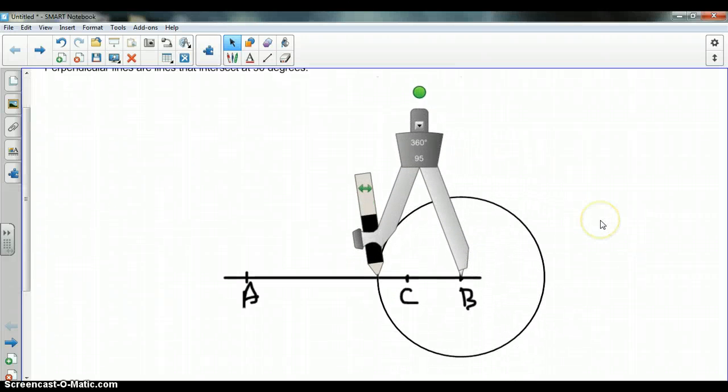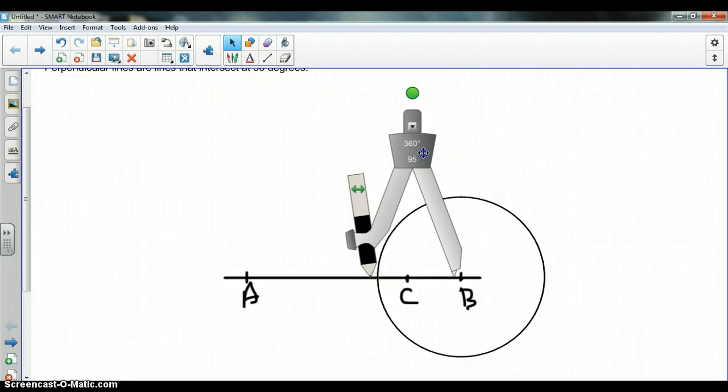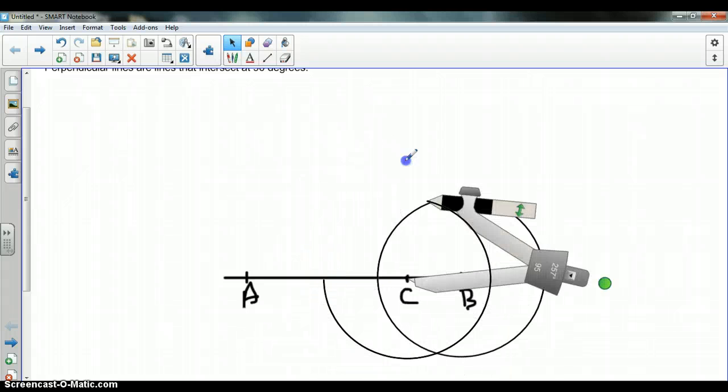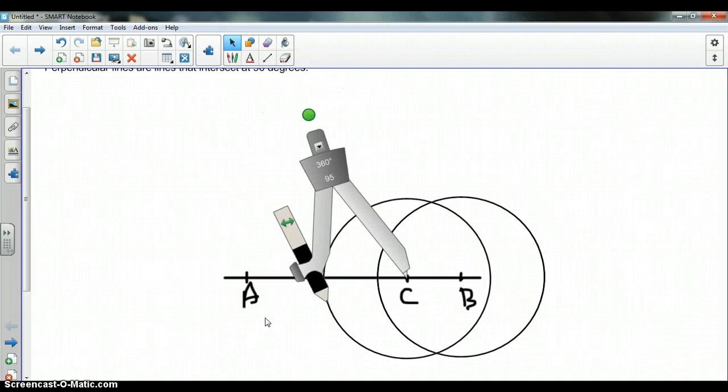Bam. And I'll scroll down there so you can see it. So there, I've done my circle. Now, I am not going to change the size of my compass. I'm going to move it over so that the point is at C, right there. And I'm going to do my circle again. Bam.